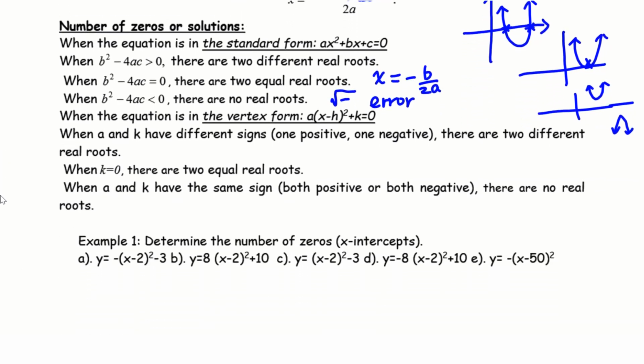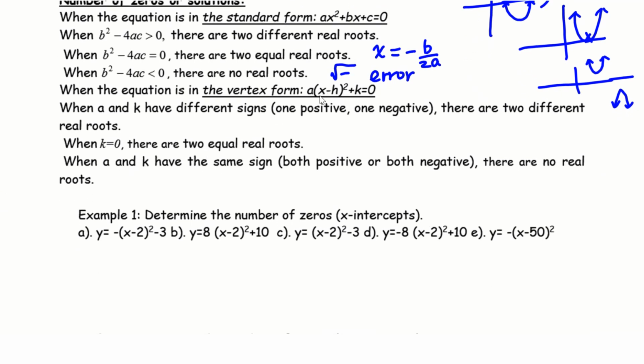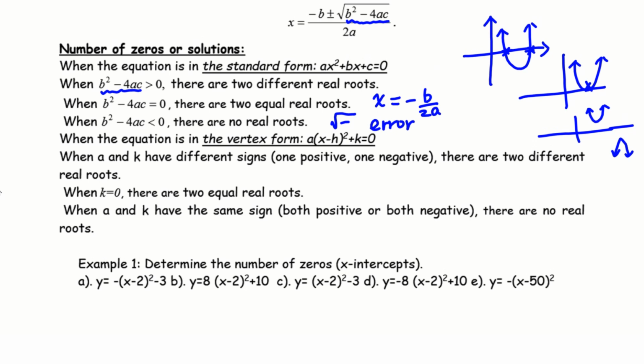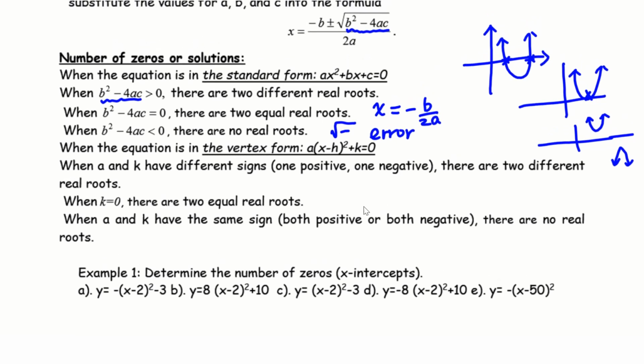And if a quadratic function is given in vertex form, it will be easier for you to see without doing b squared minus 4ac, the discriminant. Without doing this, you are able to tell if it is 2 zeros, 1 zero, or 0 zeros. So if the q value is negative and it opens up, you have two zeros.